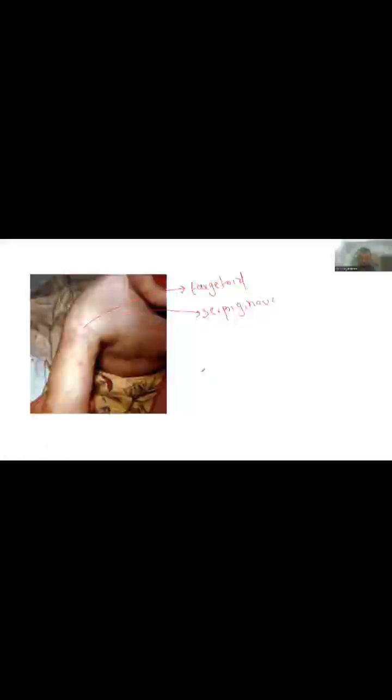So this is associated with the polycyclic pattern of erythema marginatum that is seen in a patient with acute rheumatic fever, and it is a characteristic rash of rheumatic fever, and it is not seen with any other condition.